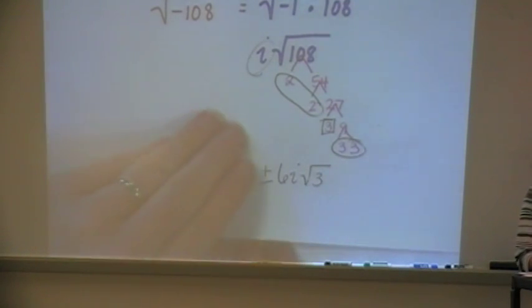Okay? So, these are called complex numbers because they have both a real part and an imaginary part. So complex numbers are written in the form a plus bi.